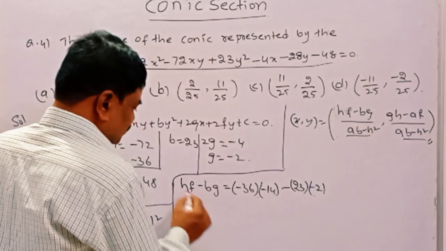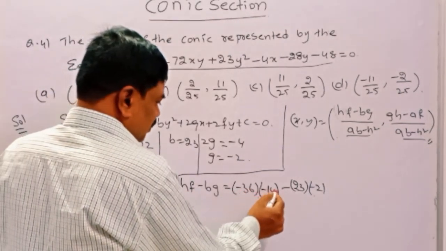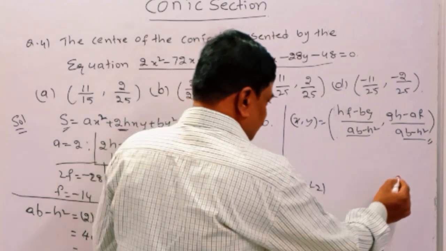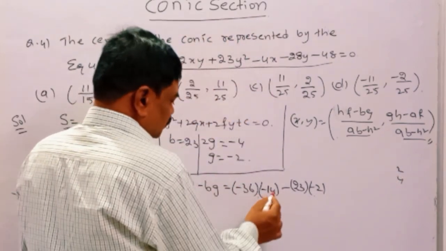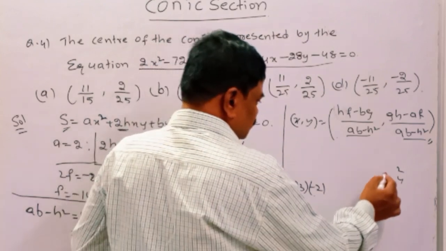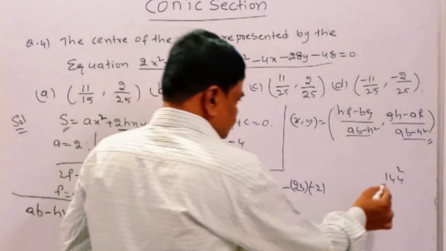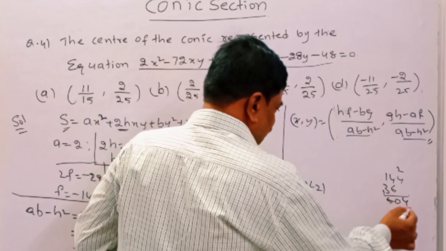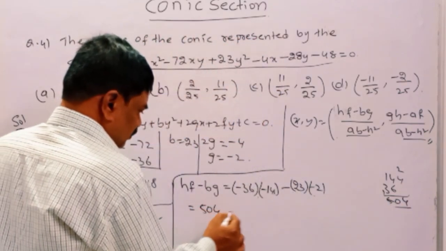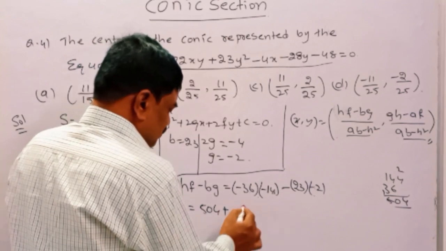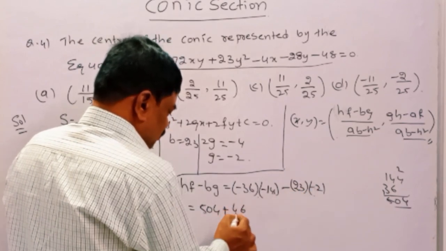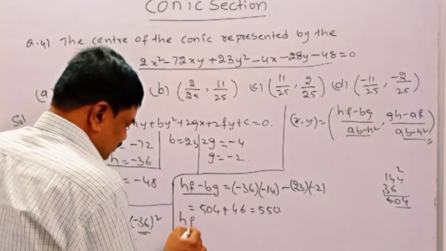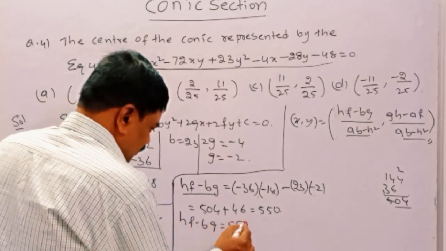That is minus 36 into minus 14, which is 504, minus 23 into minus 2, which is plus 46. So 504 plus 46 is equal to 550. hf minus bg is equal to 550.